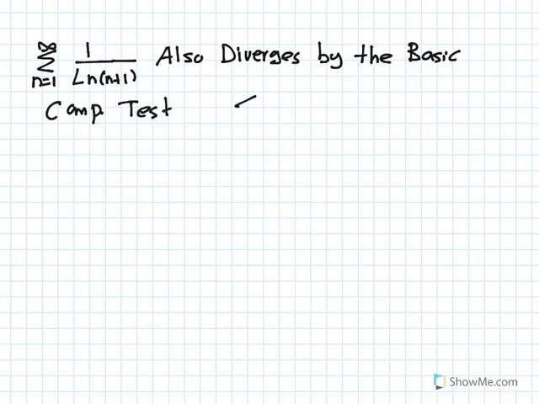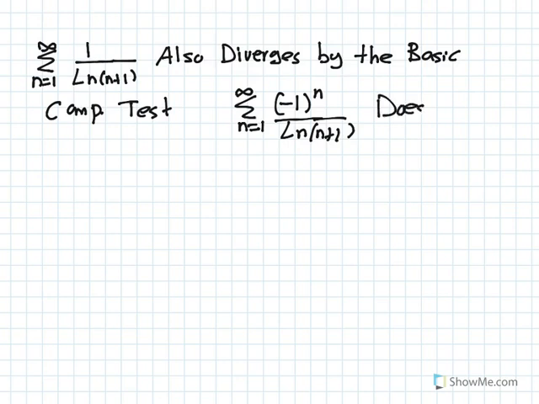So the given series, summation n equals 1 to infinity, minus 1 to the n, divided by log of n plus 1, does not converge absolutely because we did an absolute test. We took the absolute value of every term and looked at the series, and it was essentially a divergent series. So it does not converge absolutely.